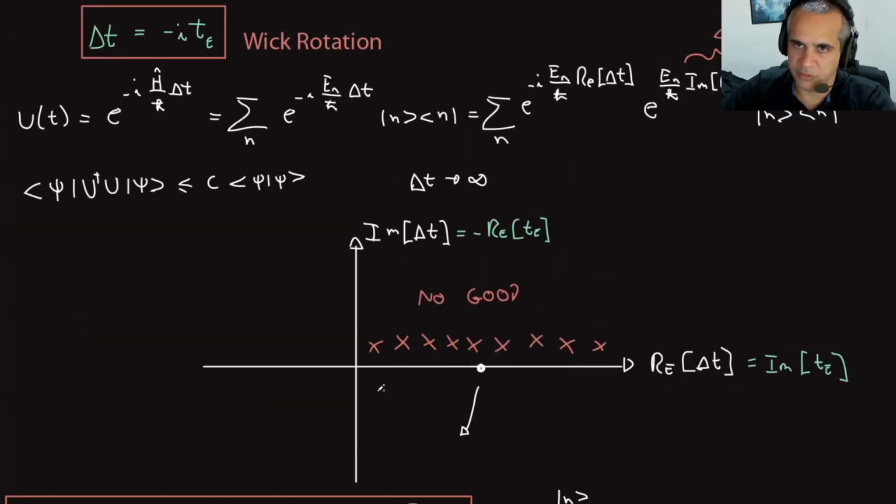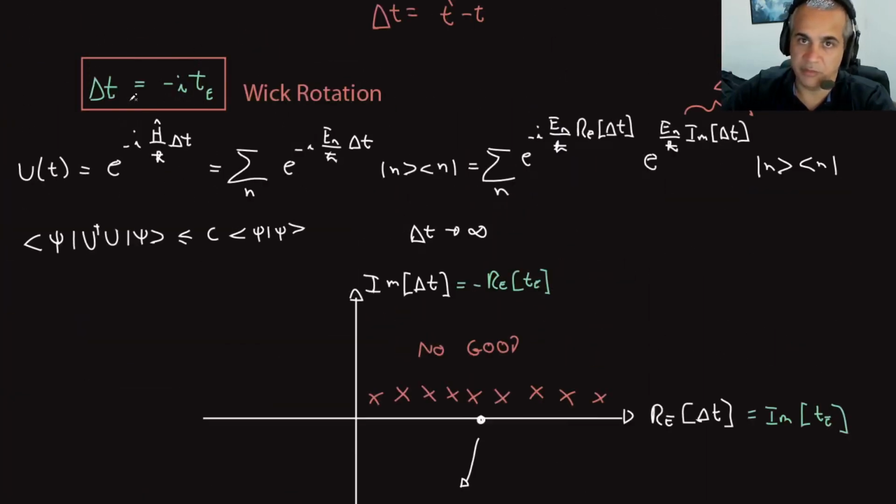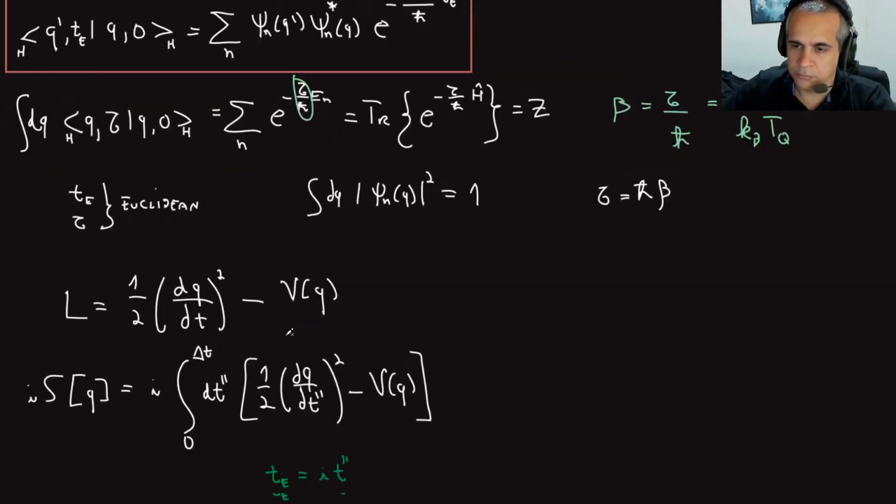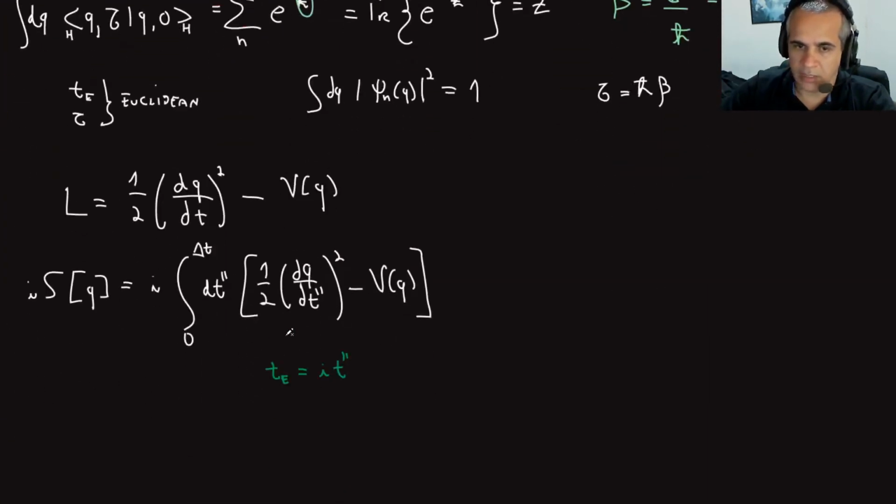Of course, I'm just using the same rotation I defined before, right? This i is on the other side. And then of course this dt'' will be minus i dt_E, and the limit of integration will become i Δt, right?